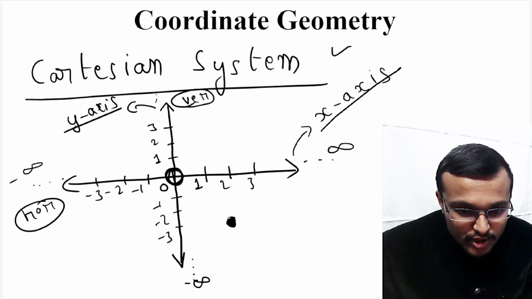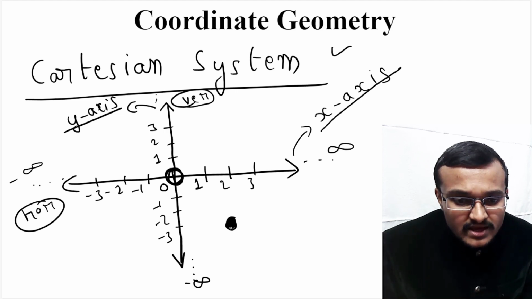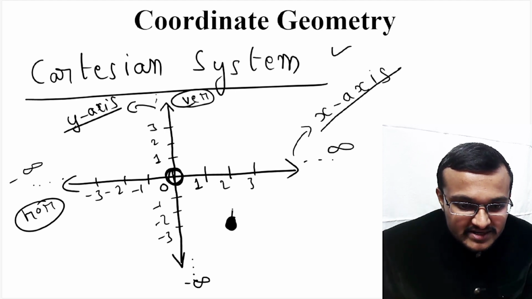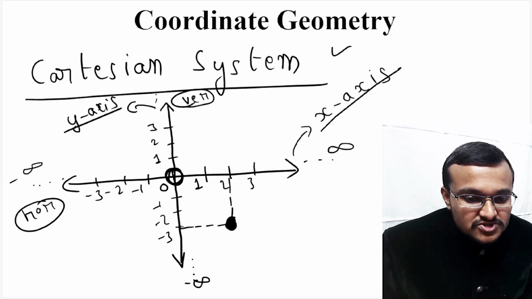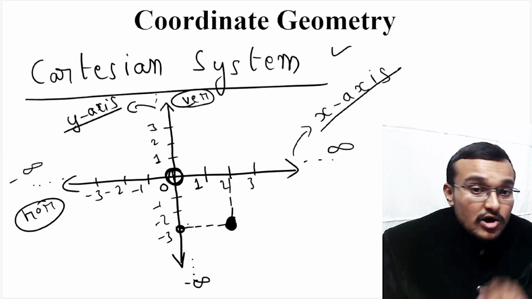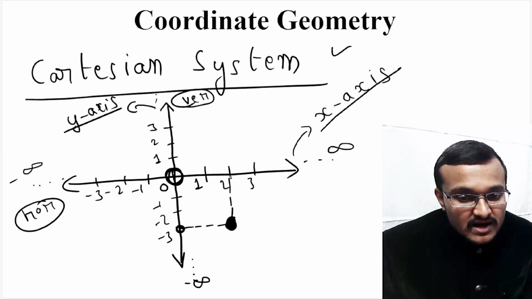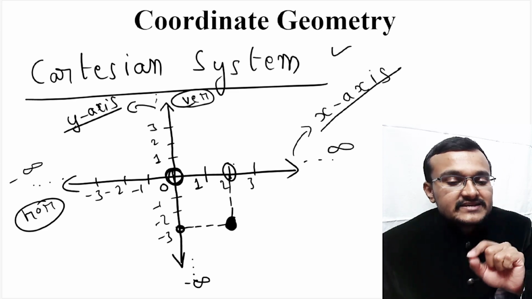So if I have a point like this, you can draw a perpendicular line towards the x-axis and one perpendicular line towards the y-axis. Somewhere around -3 on the y-axis it is meeting, and somewhere around +2 on the x-axis it is meeting.